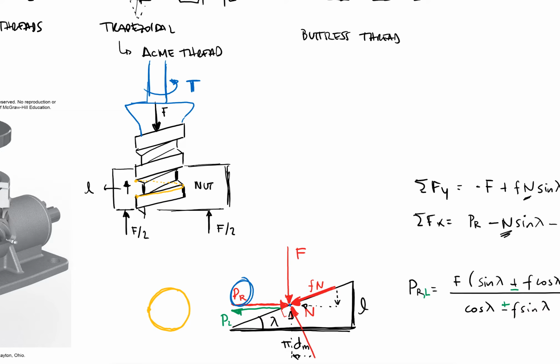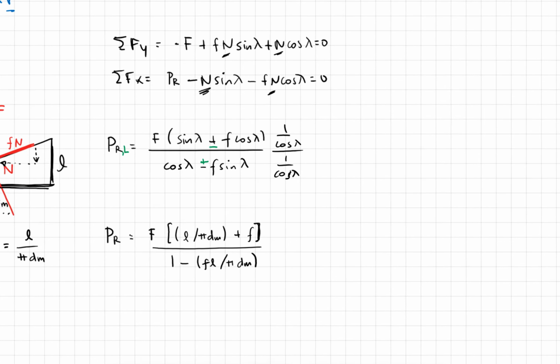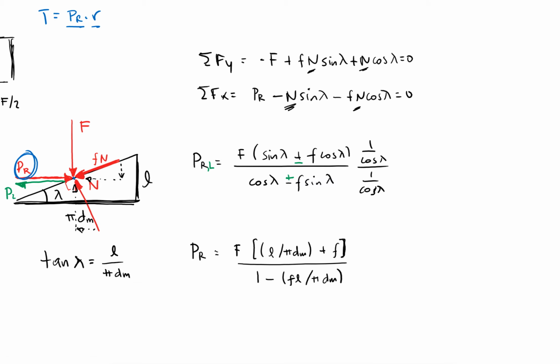So this point would be located here or here or here, and to get that torque in terms of PR, it would just be PR times the radius to get T. So PR times radius, force times the distance where that force is located, to get my torque. And so I can use that for my equation here.